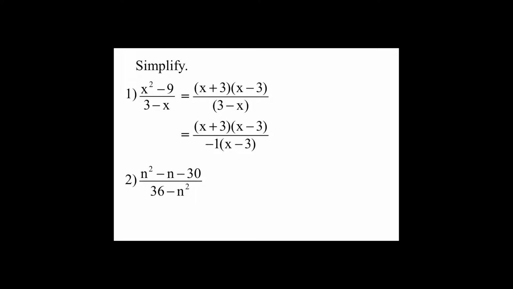And now what I have is something I can factor out, the x minus 3's. So I'm left with x plus 3 over -1, or we could say -x, negative times x minus 3, or -x minus 3. You can take the negative in the numerator or denominator.